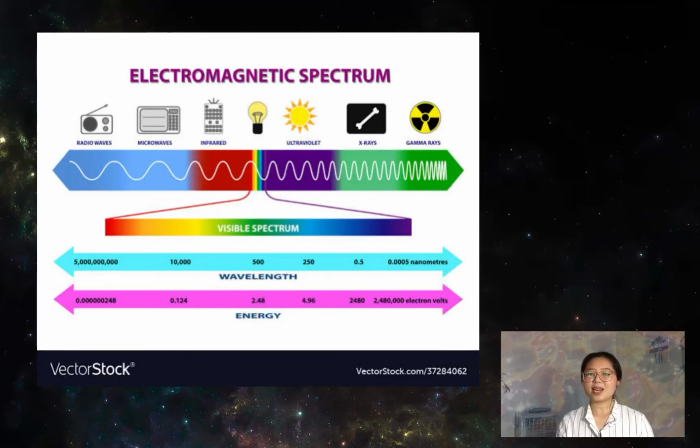When we say electromagnetic spectrum, this is a continuum or a range which reflects the different frequencies of electromagnetic radiation and their respective wavelength and photon energies.